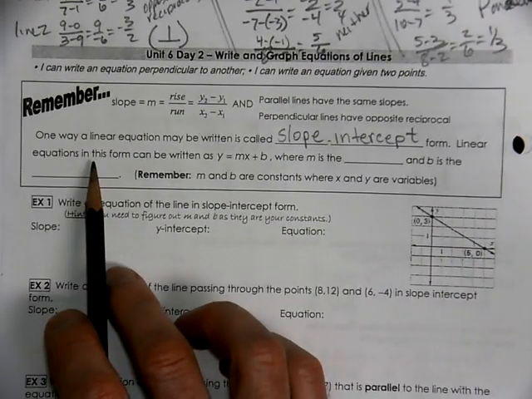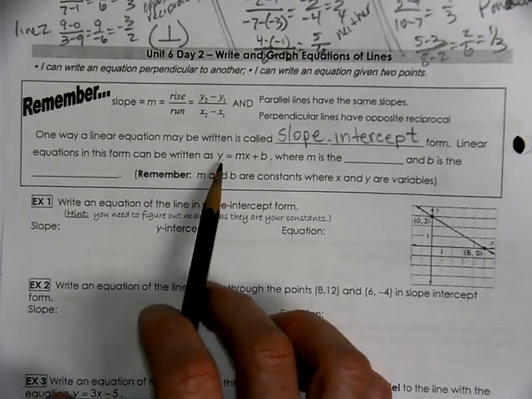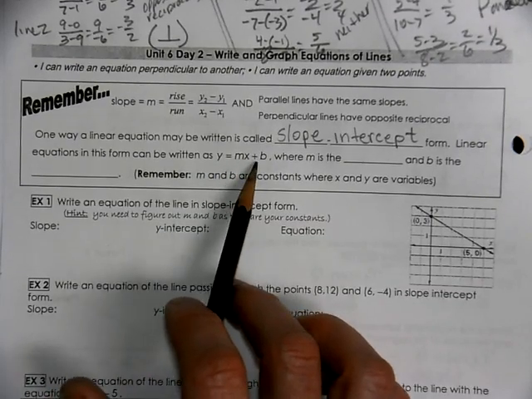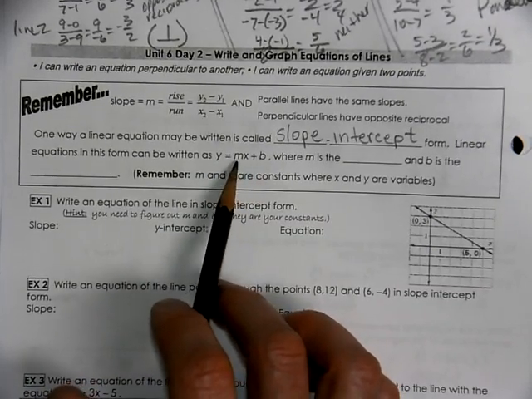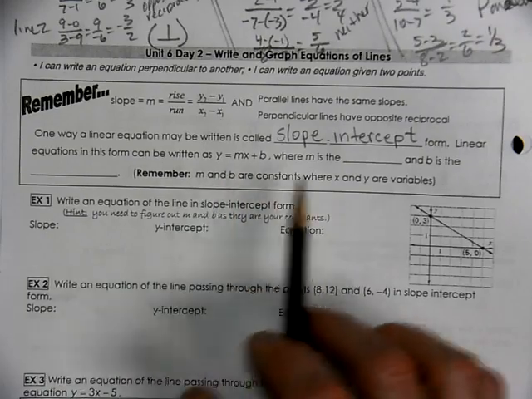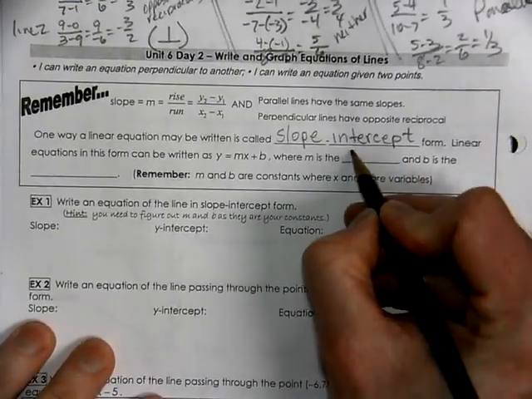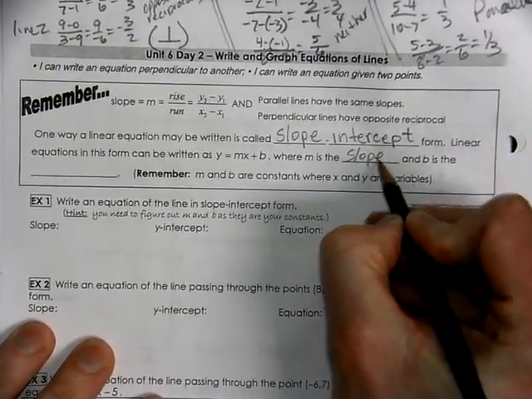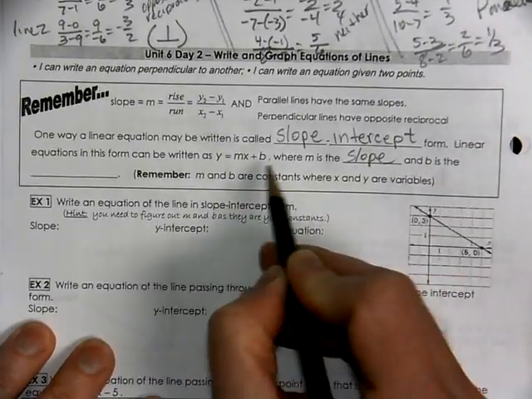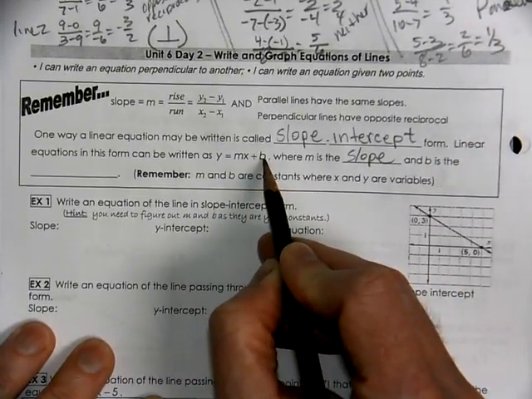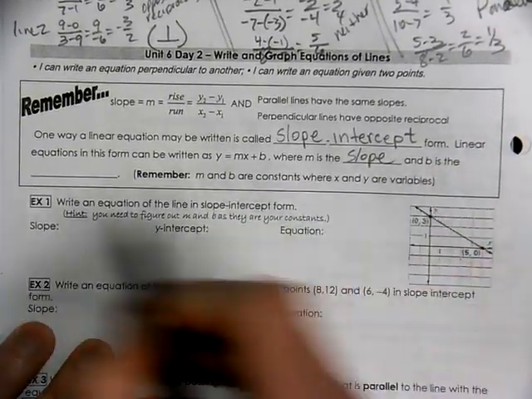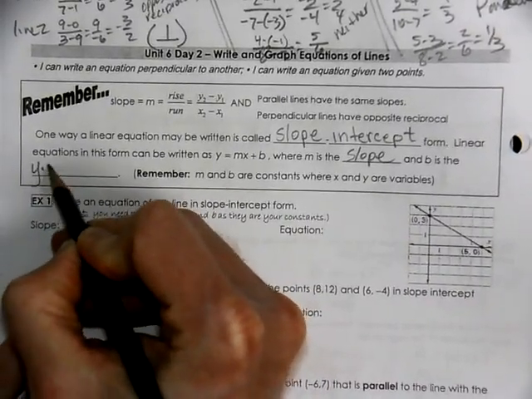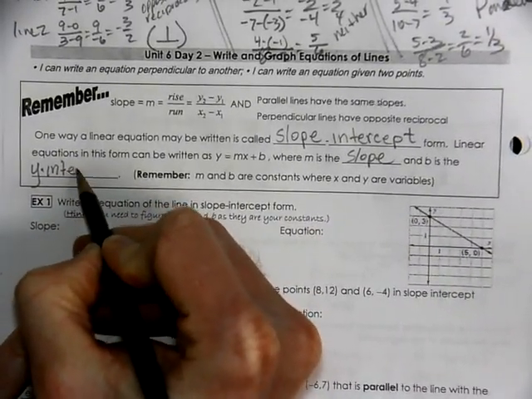Linear equations in this form can be written as y equals mx plus b. You would have learned about that in algebra, where the m is the slope, and b, look at your equation, the b value is the y-intercept.